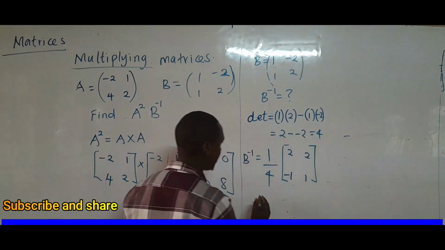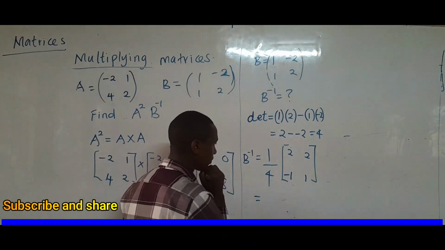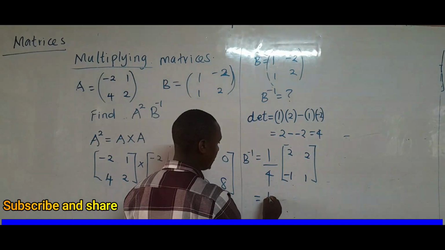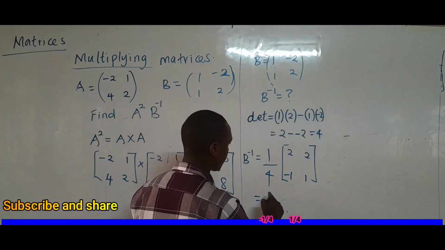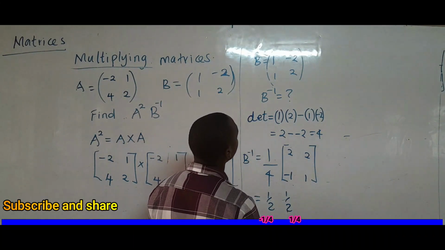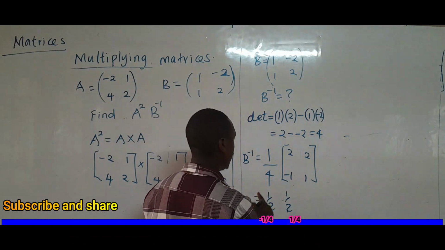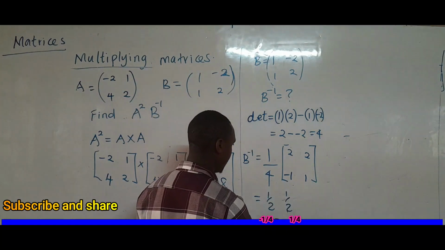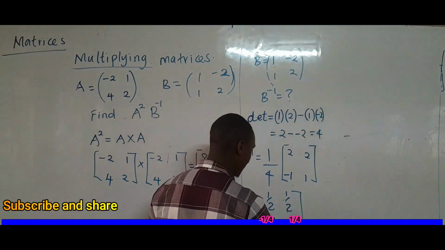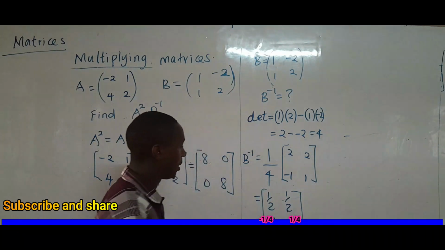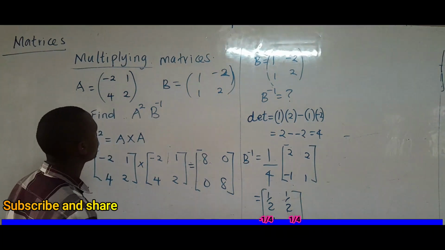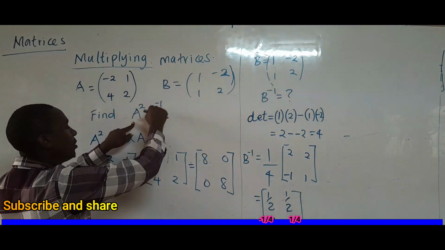And if we simplify this, it's going to be 1 over 4 multiplied by 2 is a half, 1 over 4 multiplied by 2 again is a half, and this is going to be -1 over 4, and this one is going to be 1 over 4. And now that becomes B inverse.